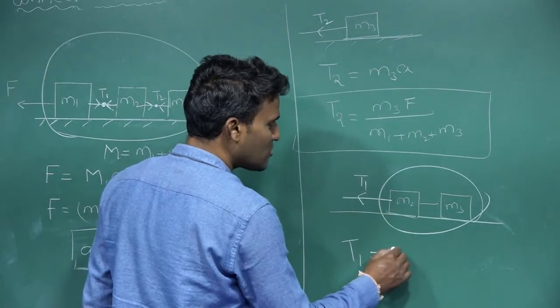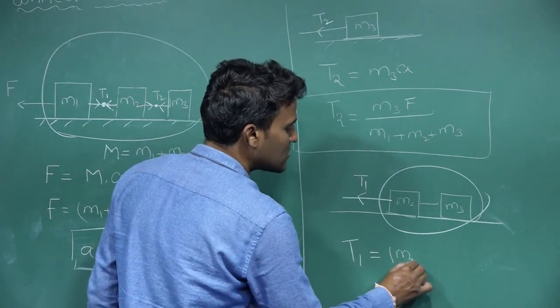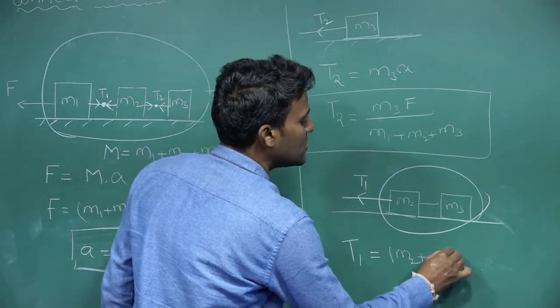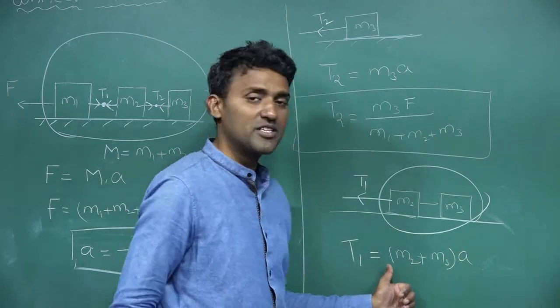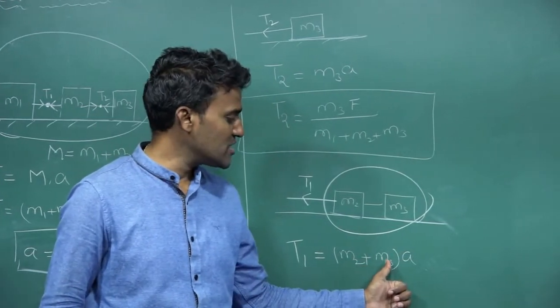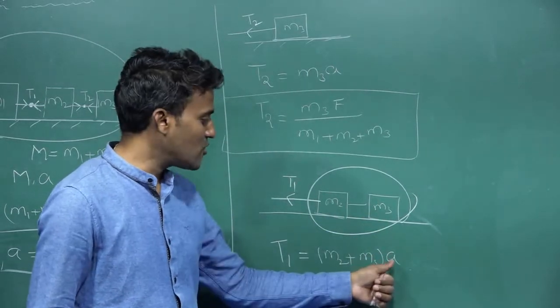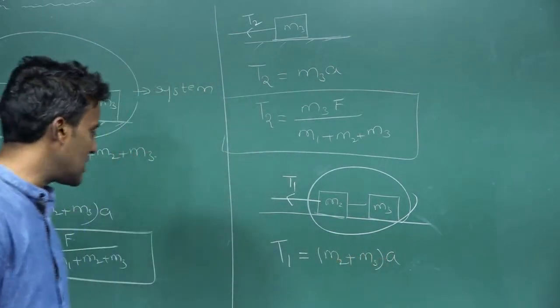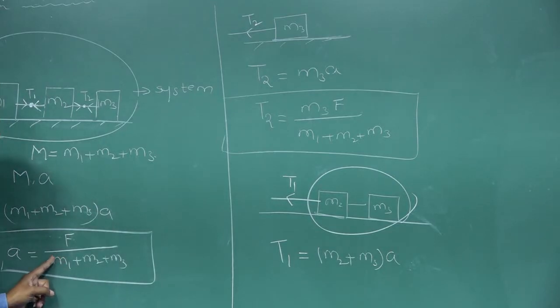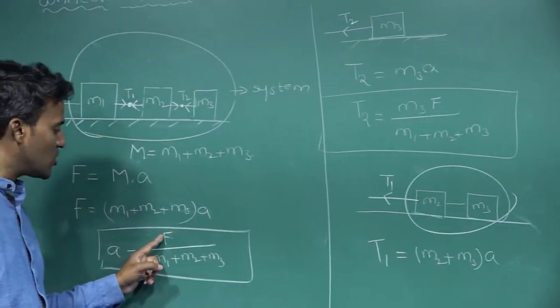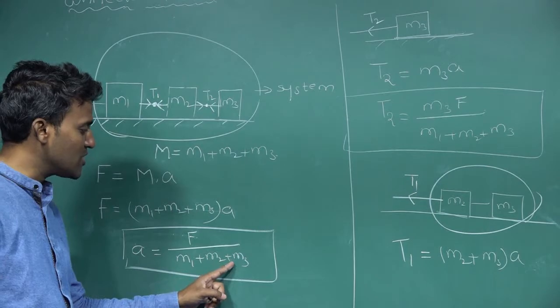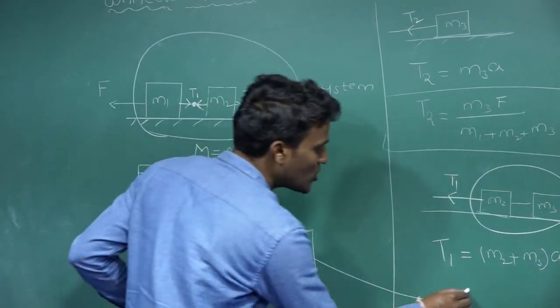Here MA is nothing but M2 plus M3 into A. T1 is equal to M2 plus M3 into A. Here what is acceleration? Already we calculated: acceleration A is equal to F divided by M1 plus M2 plus M3. You ought to write this here.